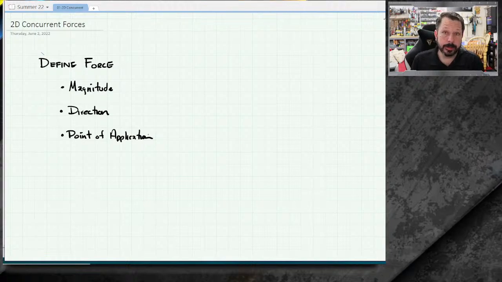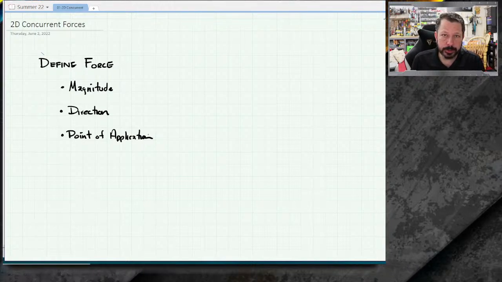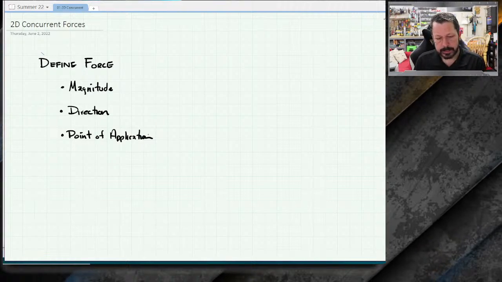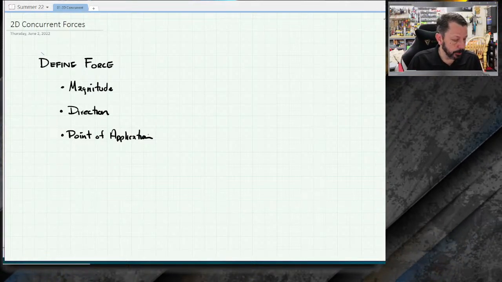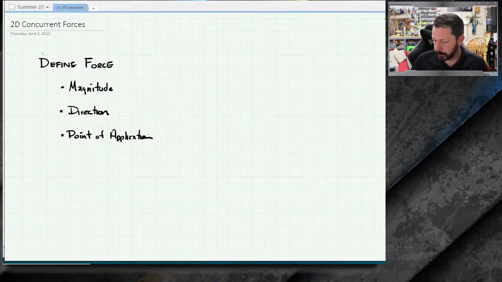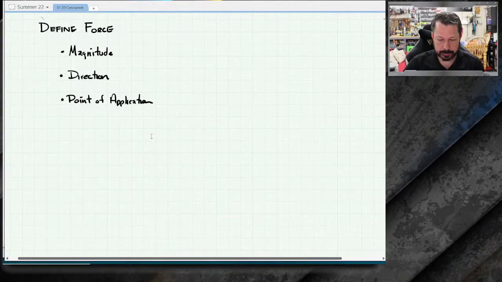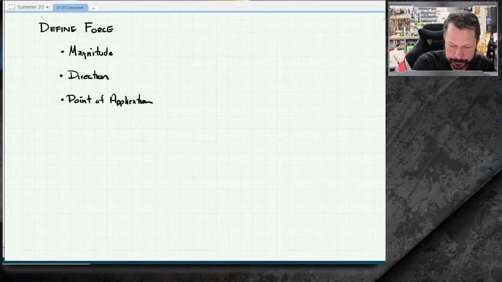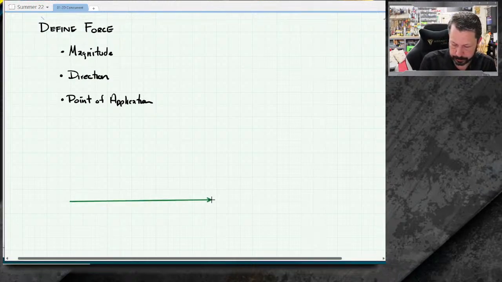And so we need to know where it's pulling and where it's pushing and that sort of thing. So if we have those three things, then we'll be able to do the next thing that we would want to do. So let's kind of draw out what that might look like in a very abstract kind of way anyway. Nothing too particular here.